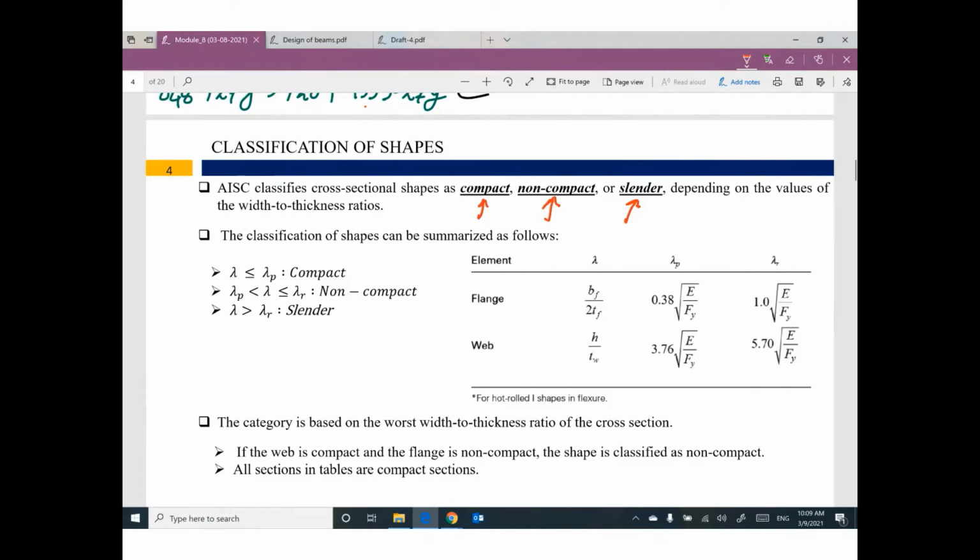How can I classify my cross section to be compact or non-compact or slender based on this table? We have a value called lambda. We have a value called lambda plastic. We have a value called lambda R. Lambda for the cross section, if you are talking about the flange, let's start with the flange.